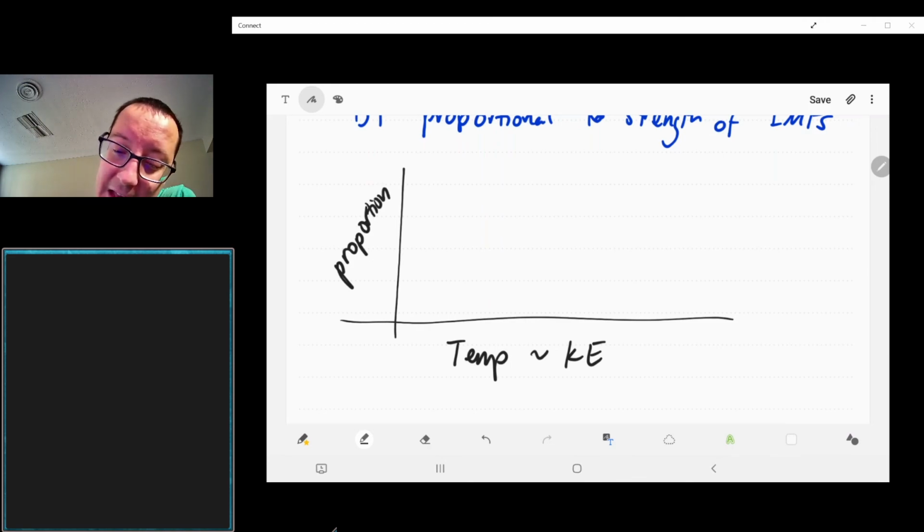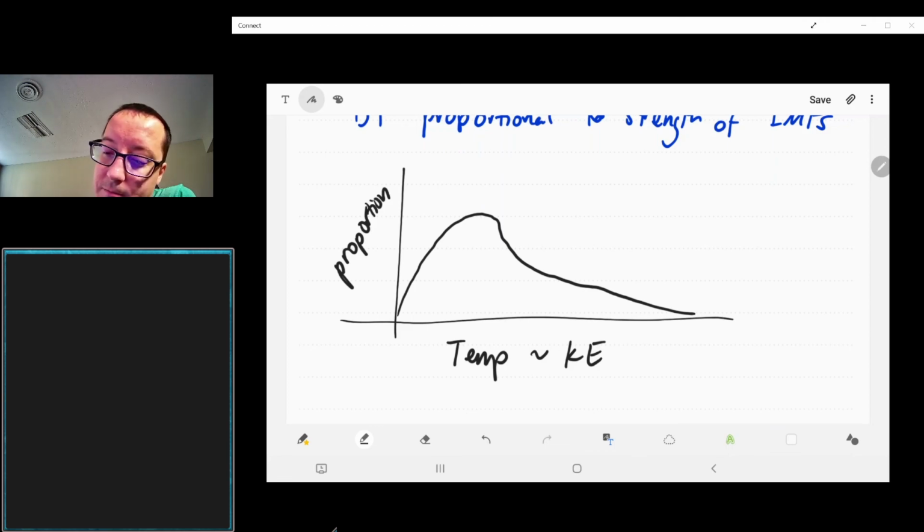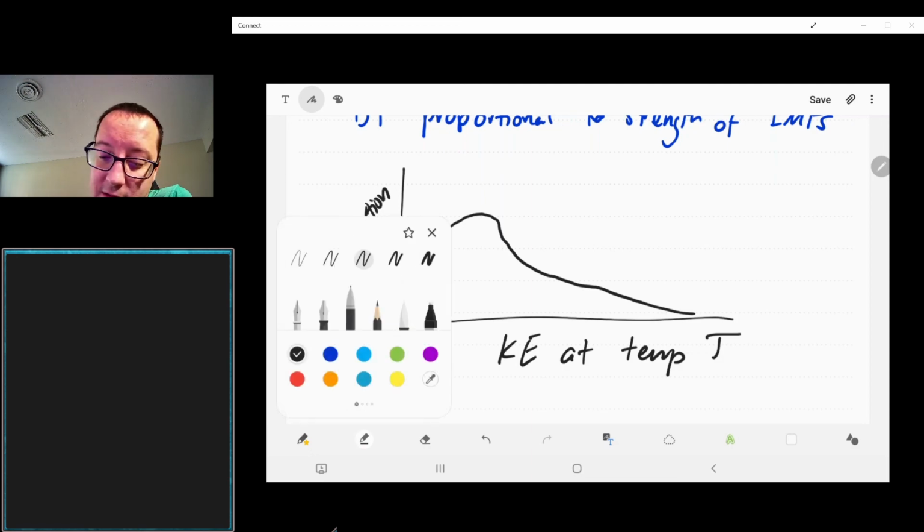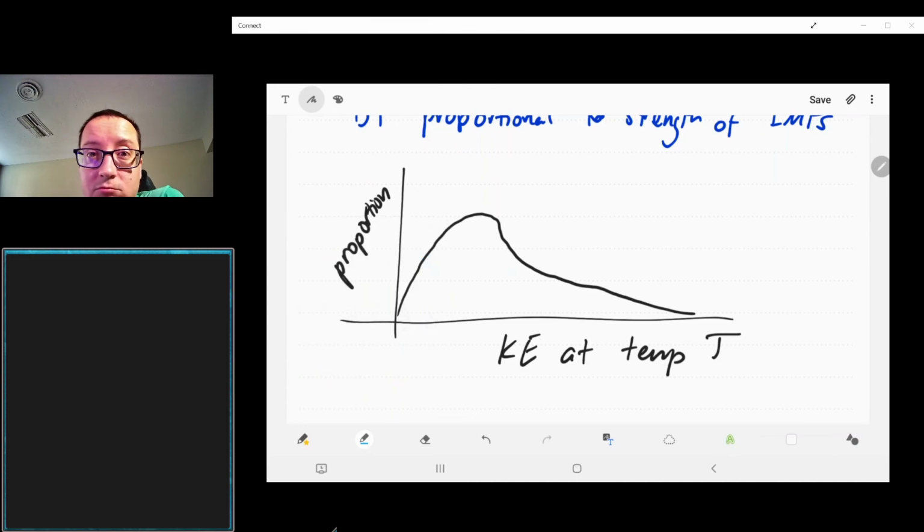We're going to see that at a given temperature, let's just call this one kinetic energy. This is at a given temperature. At some given temperature, we're going to see that a certain number of molecules will have a certain energy. So kinetic energy and temperature are not exactly the same thing, but they're very closely related.